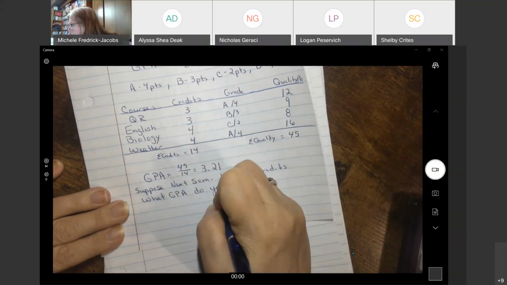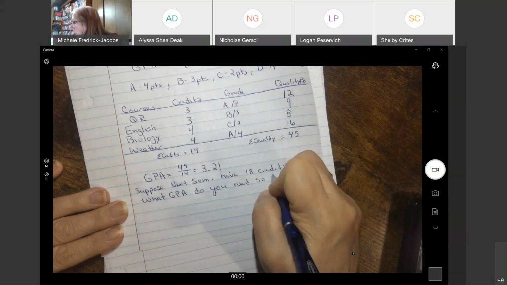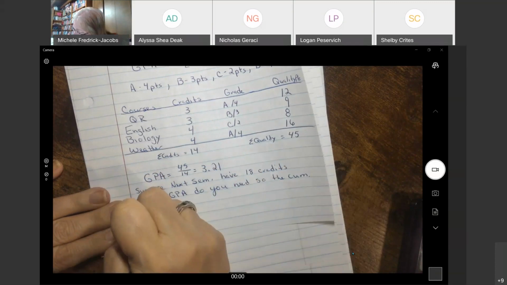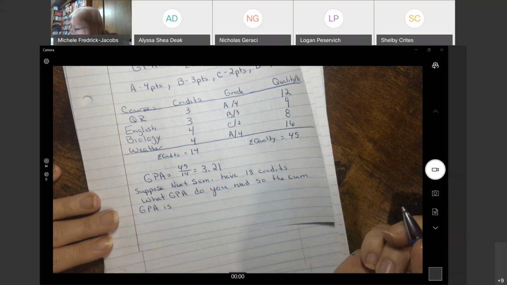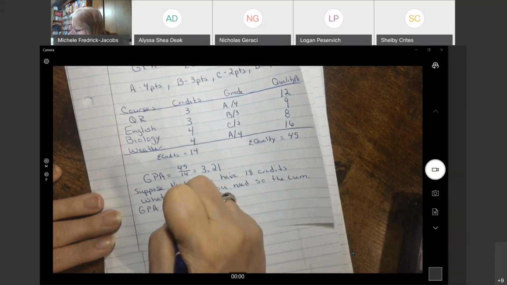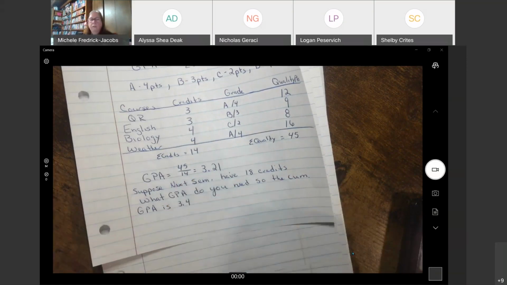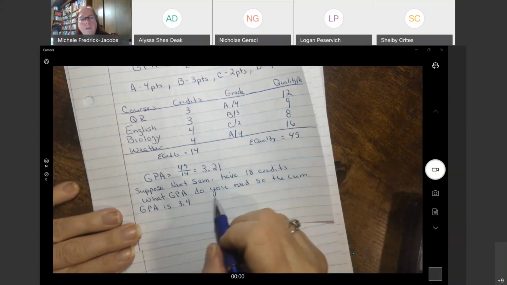What GPA do you need? So the cumulative GPA is 3 point... so it is 3 point. So we want to try and bring it up.